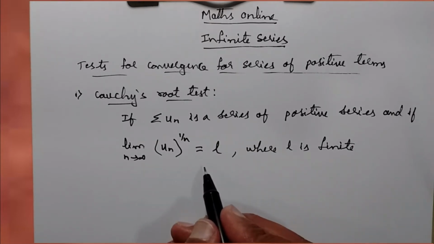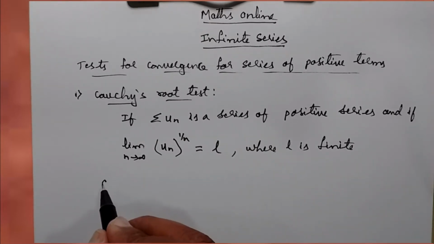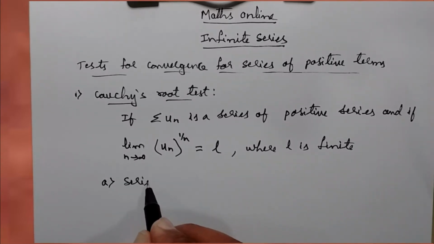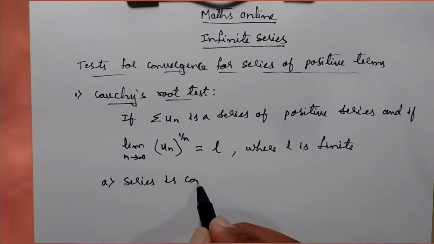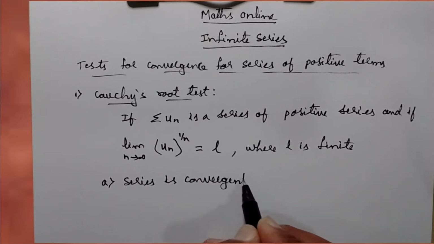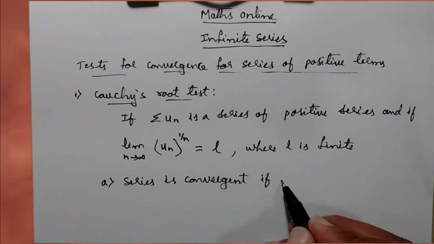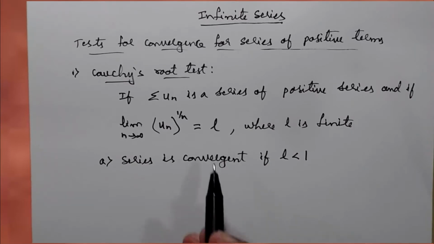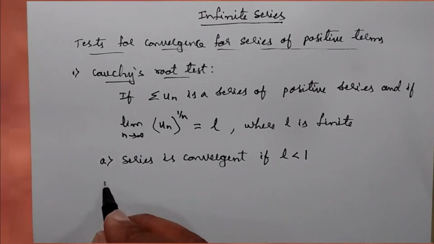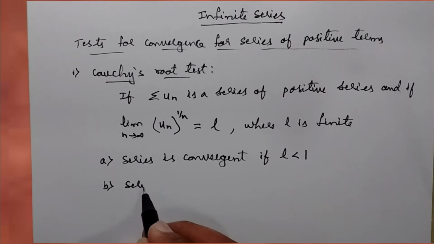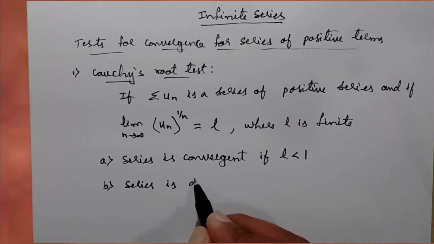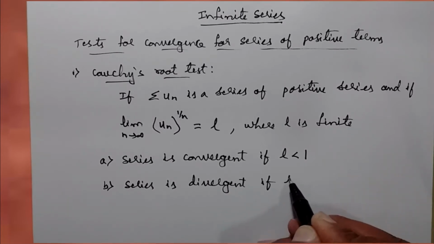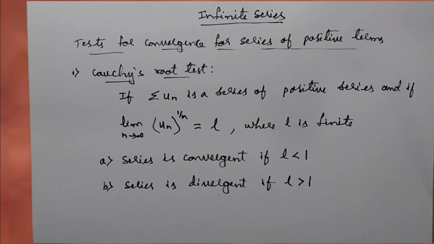In that case, the series is convergent if the value of L is less than 1. If L is less than 1, then the series will be convergent. The series is said to be divergent if the value of L is greater than 1.